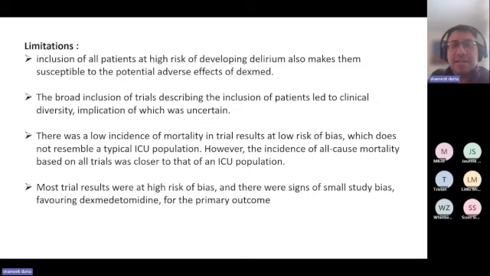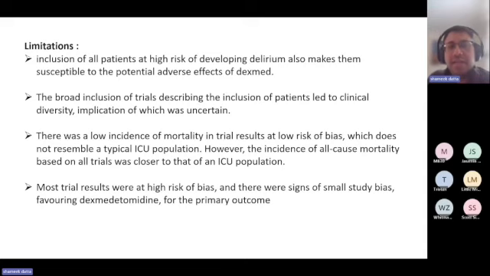There is a low incidence of mortality in the trial, which they also accepted. However, in our typical ICU population, the mortality numbers are quite high. So that's kind of a difference between this trial and a typical ICU population.